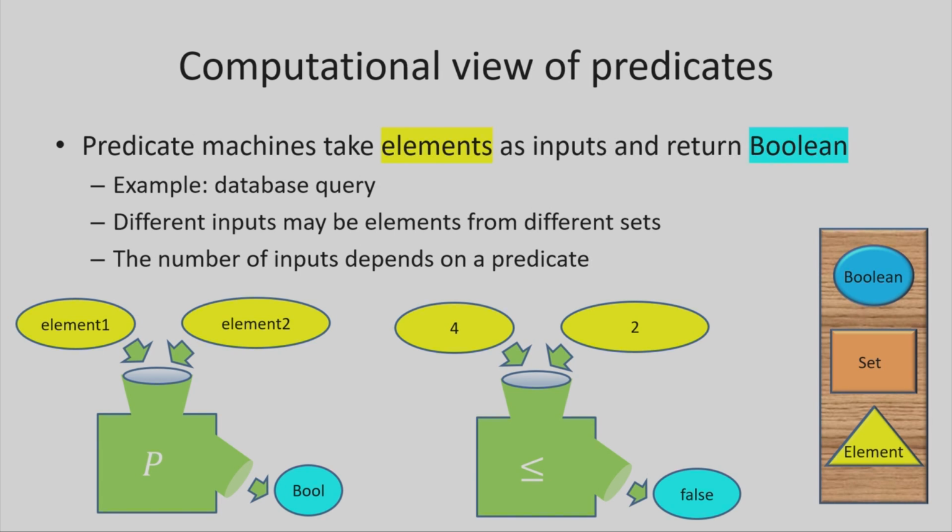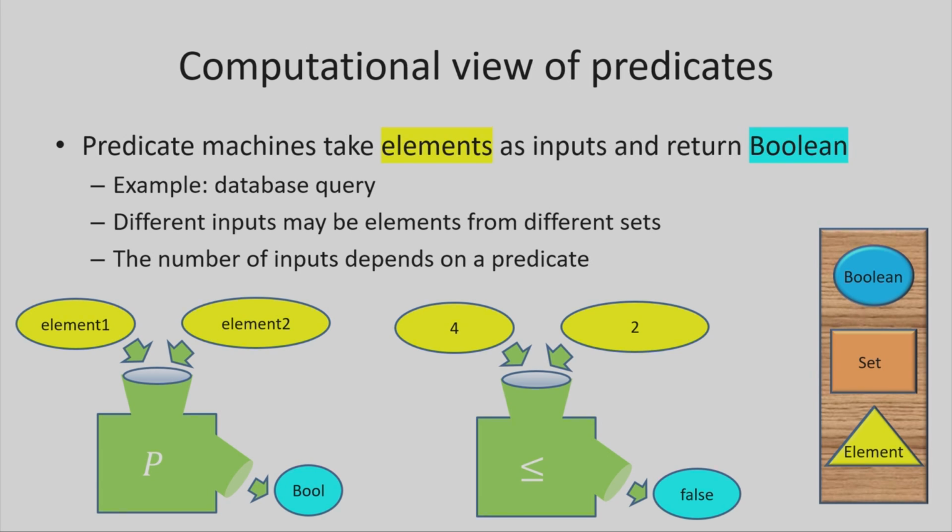They can come from different sets, but all of them are elements, so variables for those elements, and it produces a Boolean. So your predicate always outputs a Boolean. And it may have one input, two inputs, three inputs, or sometimes in databases it can have 5, 6, 7 inputs. But in any case, it takes in a bunch of elements and it produces a Boolean.